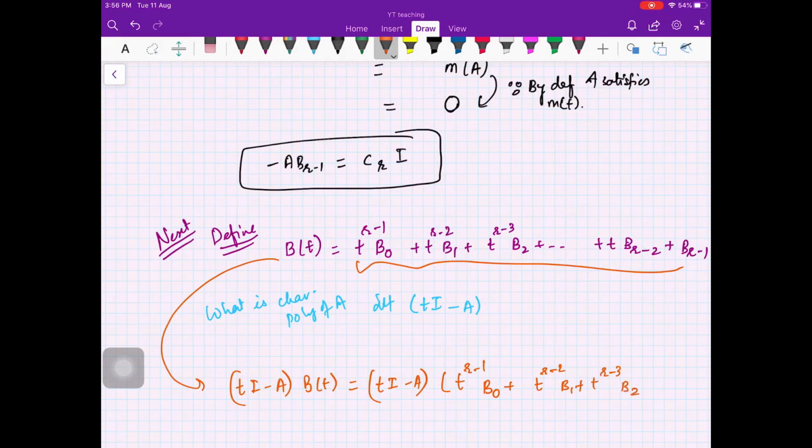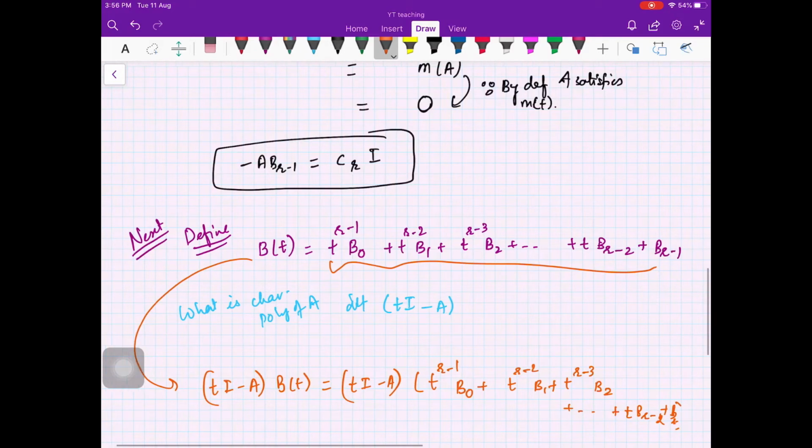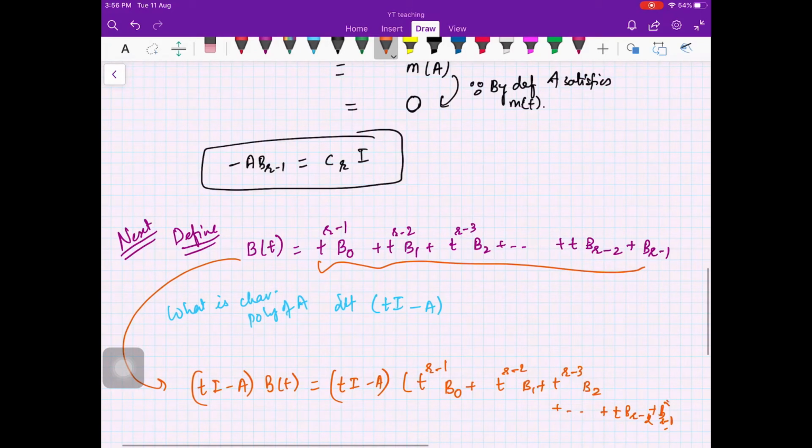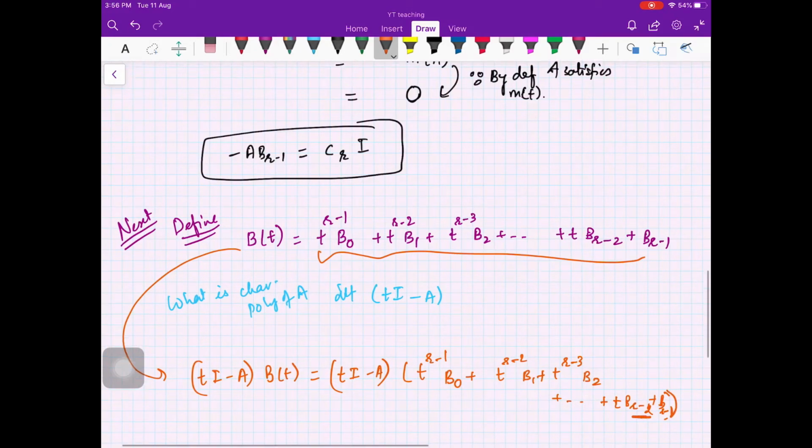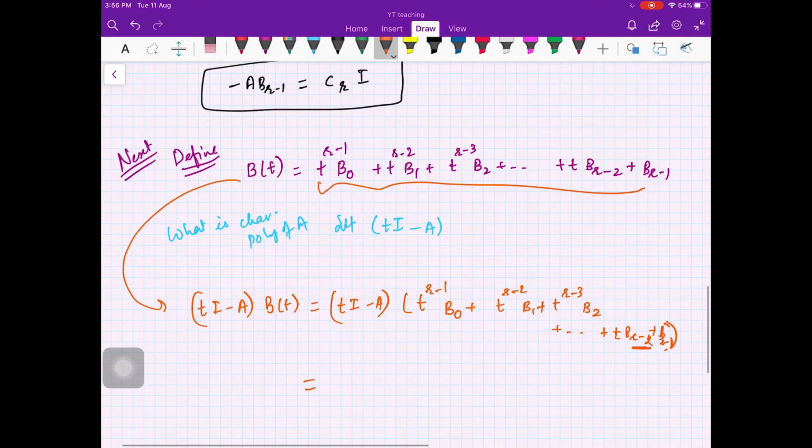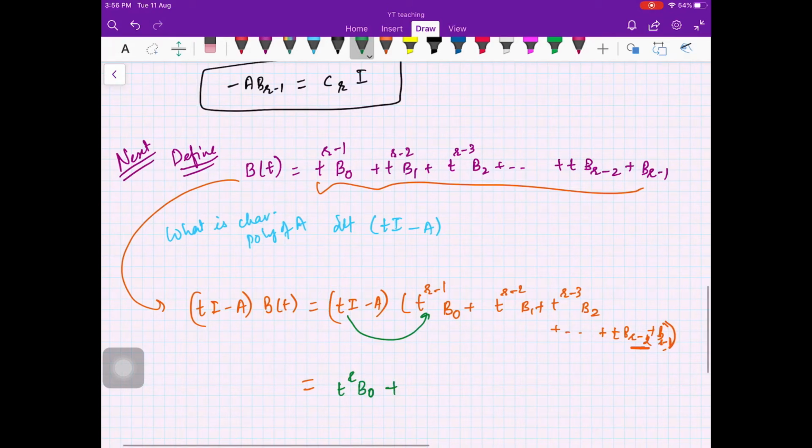T raised to R minus 3 B2 plus, and so on, T BR minus 2 plus BR minus 1. Here it is 2, right? Now you just see what you get. You multiply this, you will get T raised to power R B0. Now you combine the coefficient of T raised to power R minus 1.